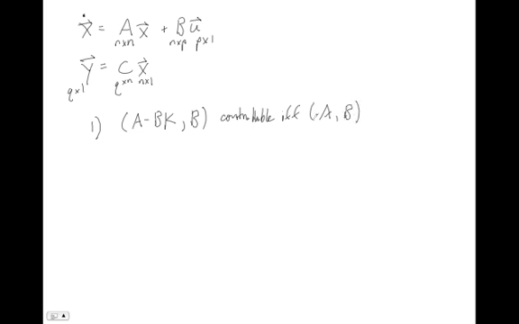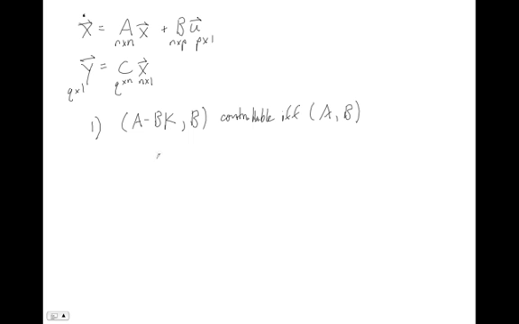So that basically means we do the analysis of controllability on our original system, A, B, and if that system's controllable, then our closed loop feedback method is also controllable. This holds regardless of the dimension of B and therefore the dimension of K. So that's a nice result.